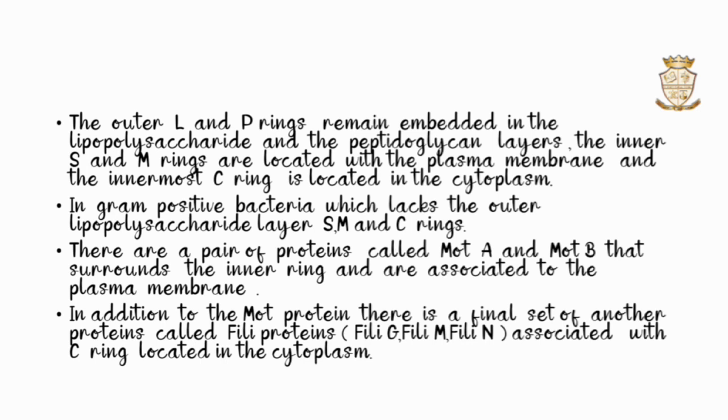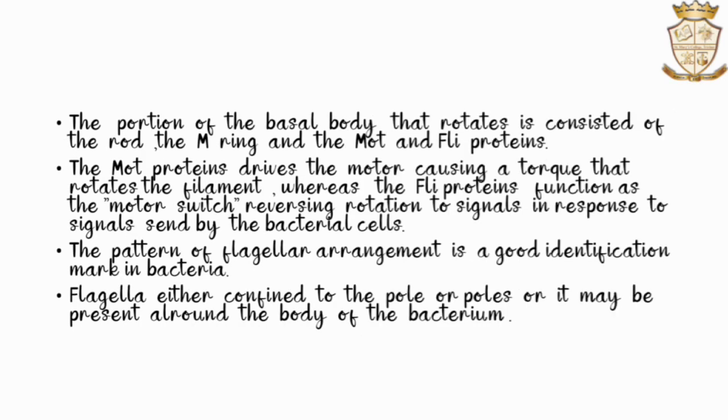They are associated with the C ring located in the cytoplasm, and the portion of the basal body that rotates consists of the rod, the M ring and the Mot and Fli proteins. The Mot proteins drive the motor, causing a torque that rotates the filament, whereas the Fli proteins function as the motor switch, reversing rotation in response to the signals sent by the bacterial cells.